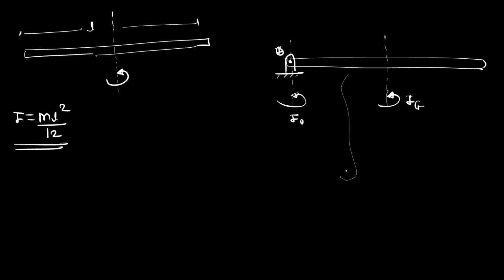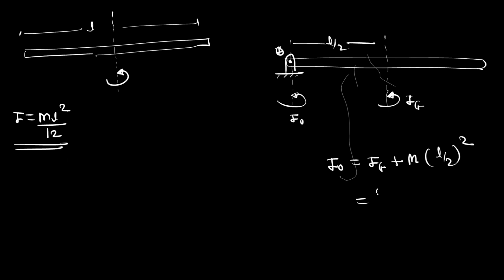By using the parallel axis theorem, I0 is equal to Ig plus mass of the system into the distance between these two parallel axes. This is L by 2, so L by 2 square. So Ig is m l square by 12 plus m L square upon 4.